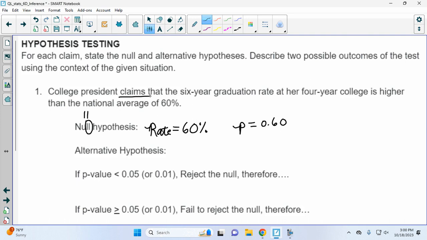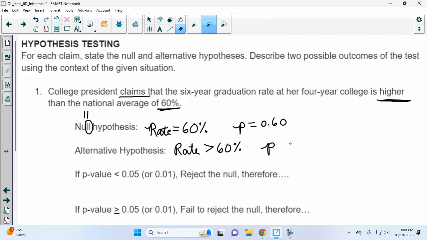The president is claiming that it's higher than 60%. So we would say the rate is higher than 60%, or we would say the rate expressed as a proportion, not equal to. The alternative will have the greater than or the less than, or sometimes a not equal. And those are your two hypotheses.